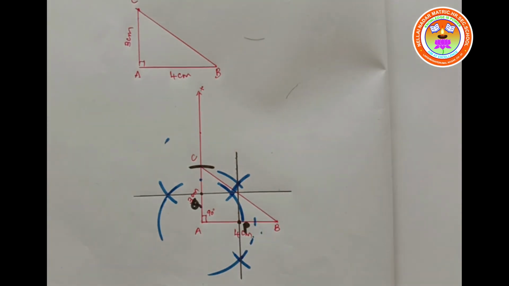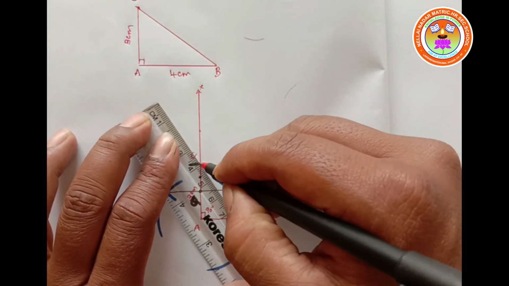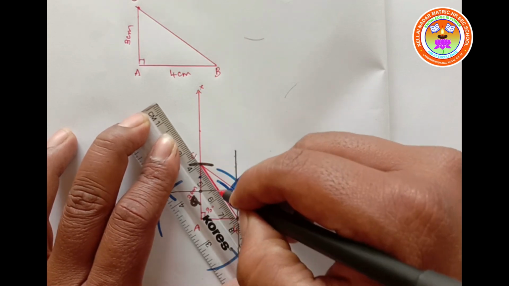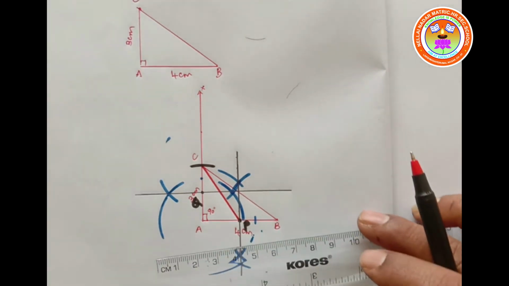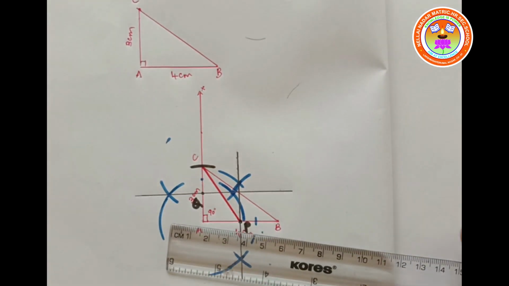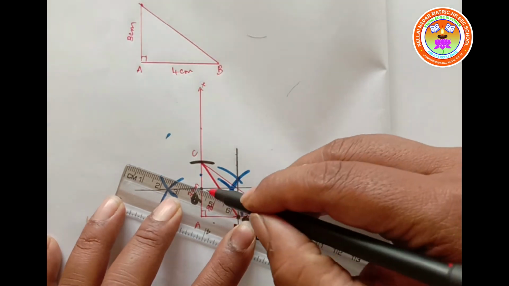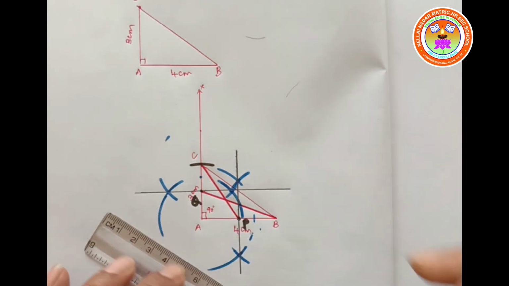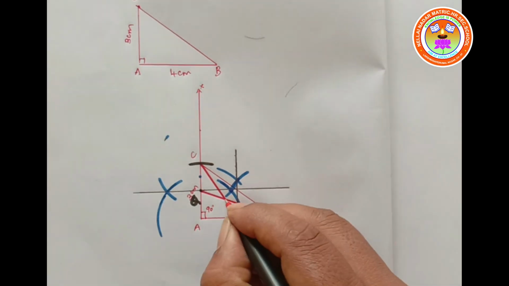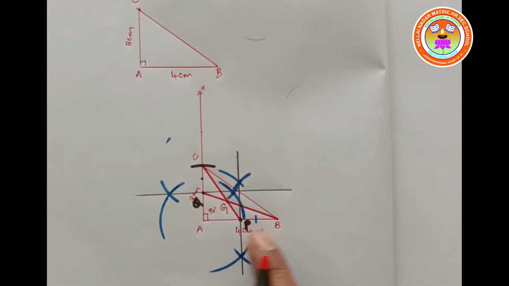Now I am going to join the line from P to C. Same way from B to Q. See, both the lines intersect at point G. G is the centroid of the triangle ABC.